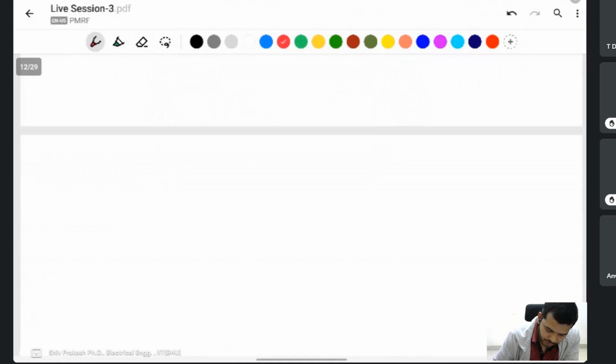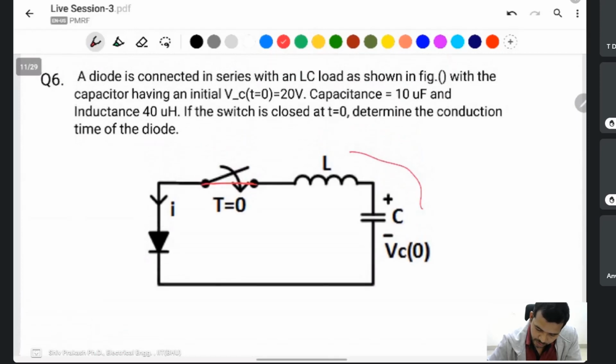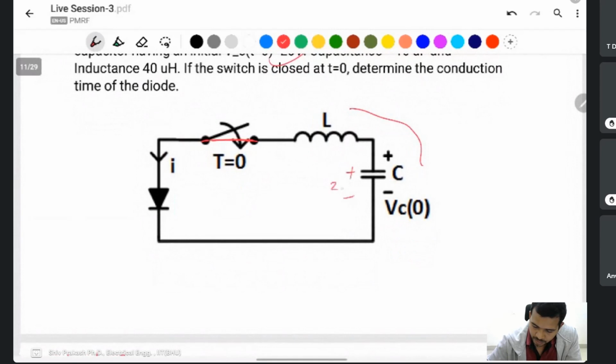At t equal to 0, this one is on. This capacitor has a 20 volt initial voltage. It means this side connects to the positive and that to the negative, so the diode will turn on and current flows like that.